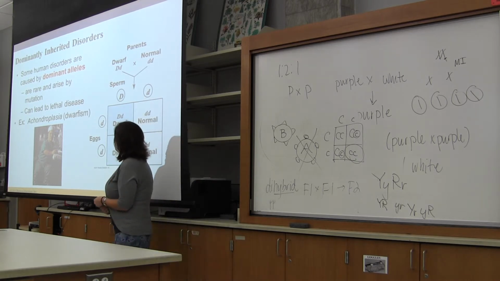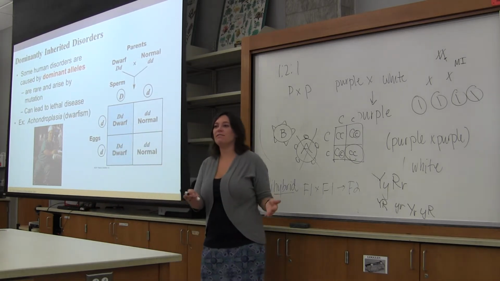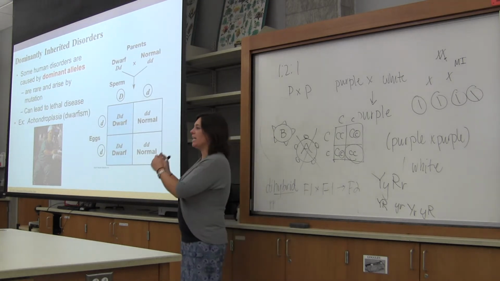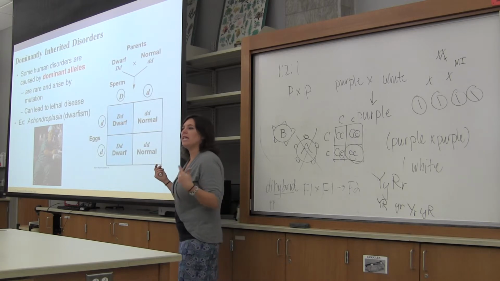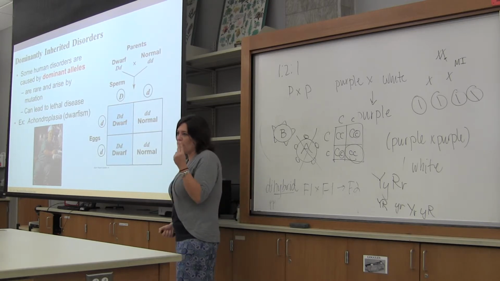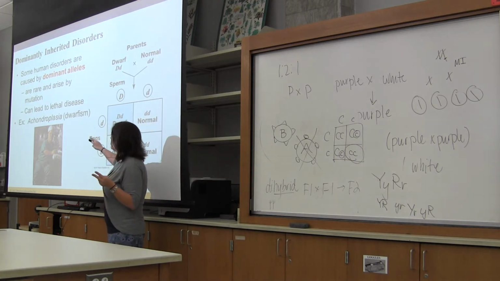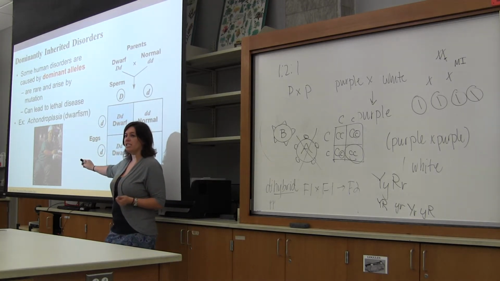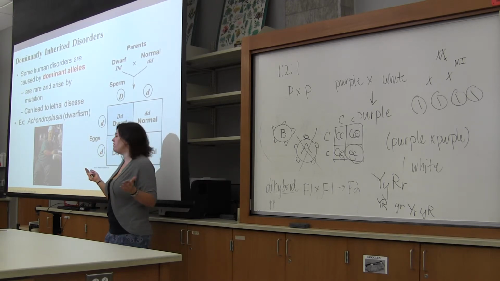All right, so we talked about diseases that were being inherited in a recessive manner. There's also diseases that can be inherited in a dominant manner. So in a recessively inherited disease, you need 2 bad copies of the gene. In dominantly inherited diseases, you only need 1 copy of the bad allele in order to see the phenotype.